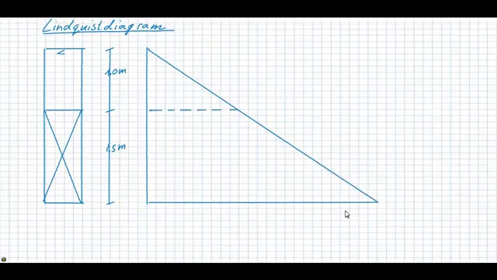The pressure at the bottom of the filter bed is then 2.5 meter water column.